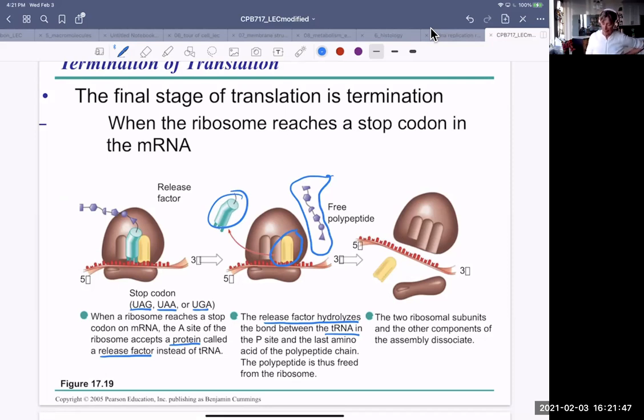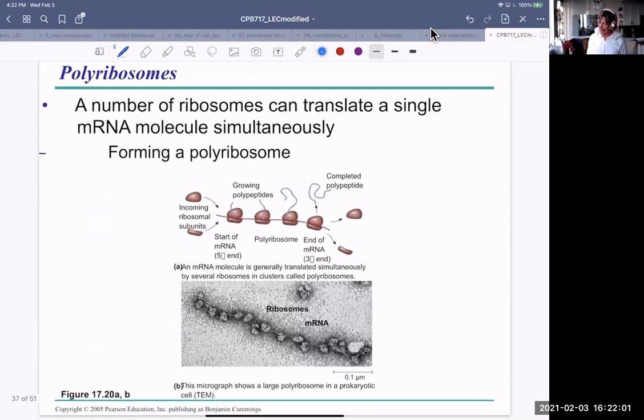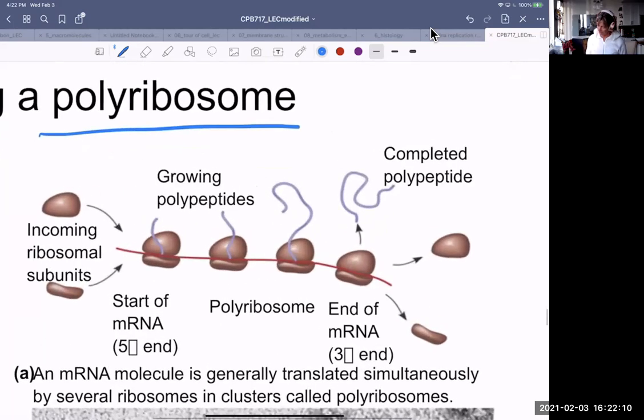So you might think that one messenger RNA comes out of the nucleus and then you get one protein, but that is not the case. A number of ribosomes translate a single messenger RNA molecule simultaneously. That's called a polyribosome. So these many ribosomes in a row are called a polyribosome.